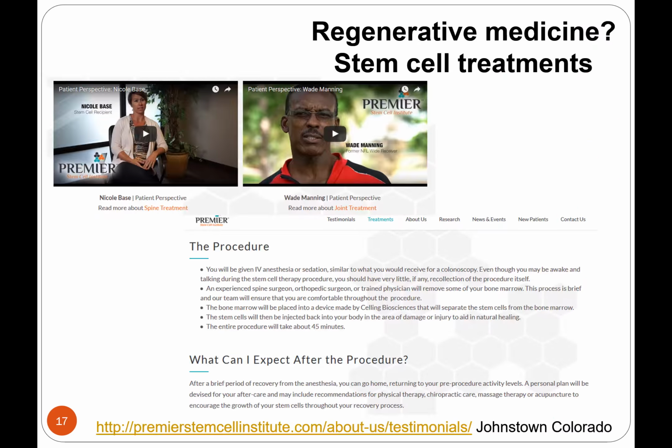This is a place in Johnstown, Colorado that does a lot of stem cell. And so we're calling this regenerative medicine because you're trying to regenerate cells. Therapeutic cloning, regenerative medicine, they kind of both go together, right? So you can look up on this site about stem cell therapy that you can just walk in, pay your money. I don't know if it's covered by insurance, but see what kind of information you can find and share with the class.